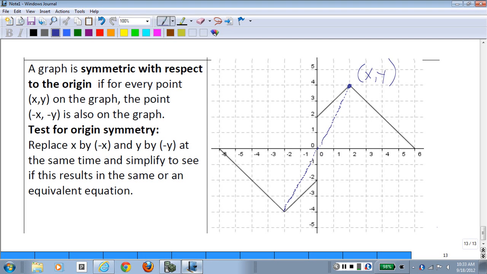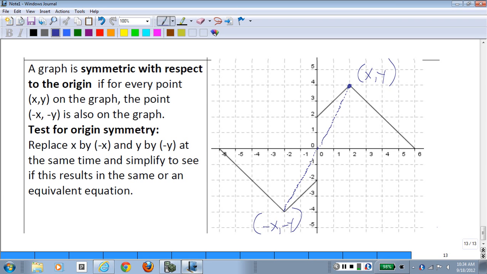Negative x, negative y. Both of them have to be opposites because it's on the other side of the y-axis. It's on the other side of the x-axis. So (negative x, negative y) is going to be the image of that point with respect to the origin. This would be an example of a graph that has origin symmetry.